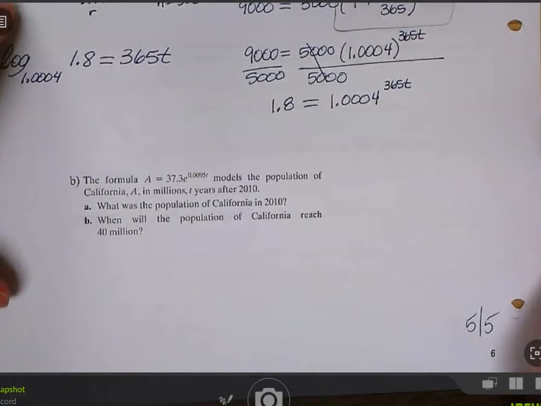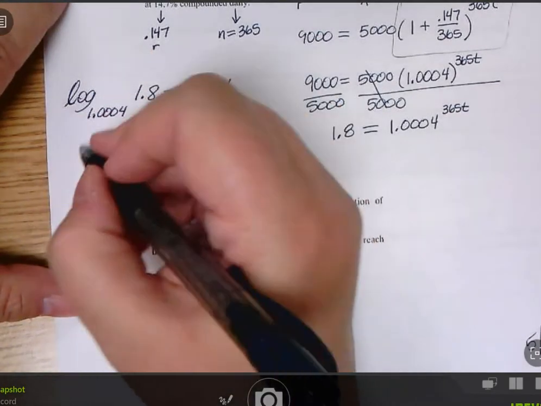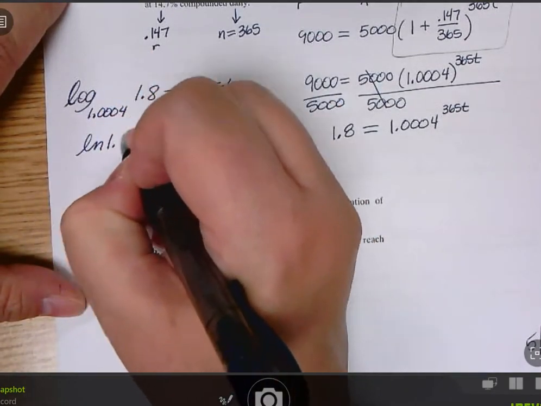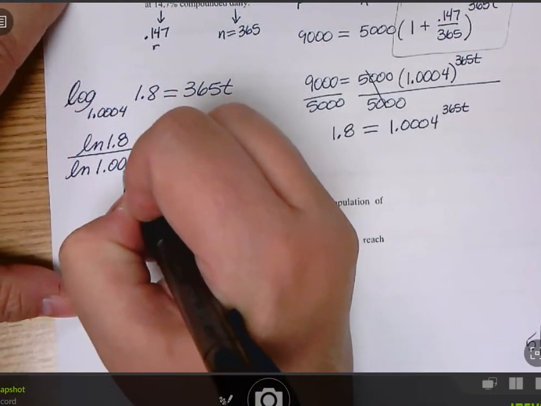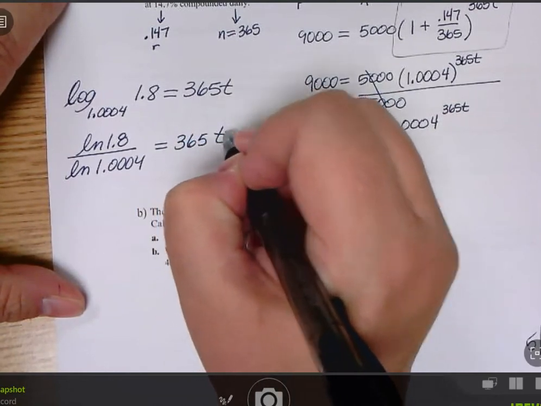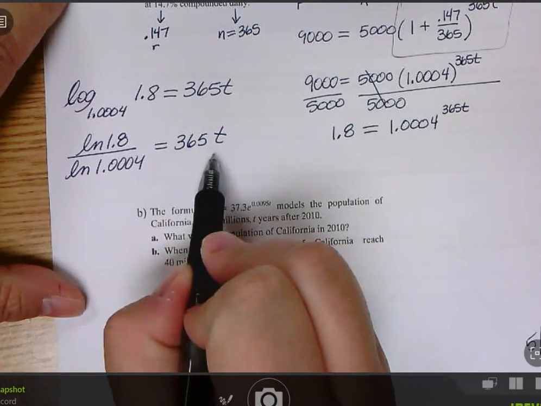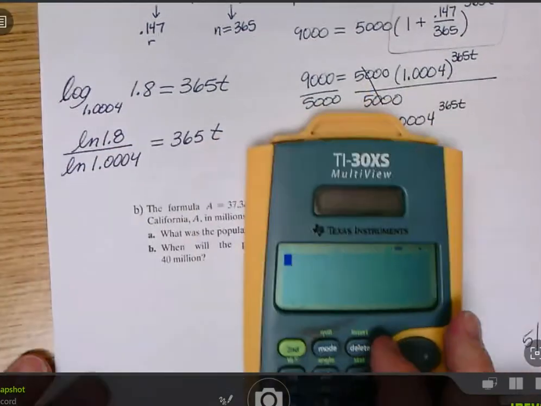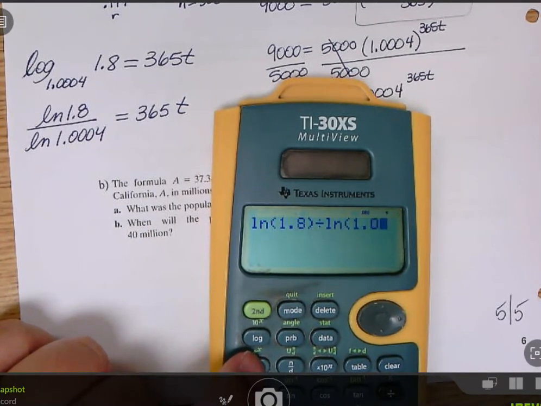Okay, so in this particular problem, it doesn't really matter. I'm going to use natural log. I'm going to take this expression and say, okay, that's the same as natural log of 1.8 over natural log of 1.0004. That's supposed to be equal to 365 times t. So I'm going to do this in my calculator and then divide it by 365. So natural log 1.8, close parentheses, close parentheses.